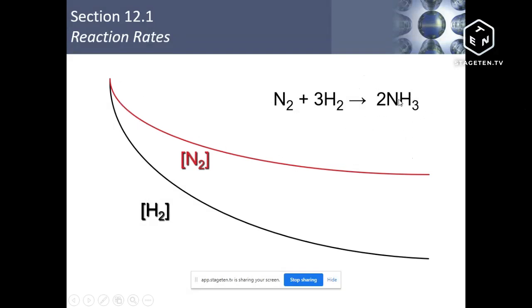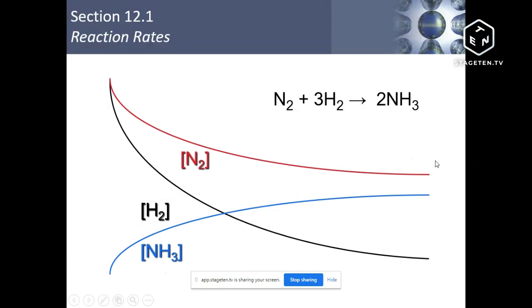And notice NH3, the coefficient's 2, so we're going to gain NH3 faster than we lose N2, but slower than we lose H2, right? Does that make sense? And so what would that curve look like? If you guessed it, it's right here. It's going to go that way.